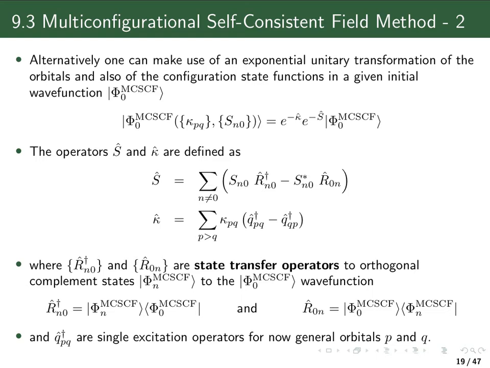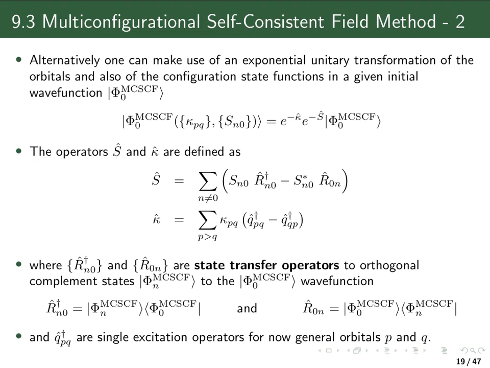And the second part is the change of the orbitals, where we have here the operator kappa, and the kappa is the sum over all orbital rotation operators, where we here rotate P into Q or Q into P, and kappa again are the expansion coefficients.